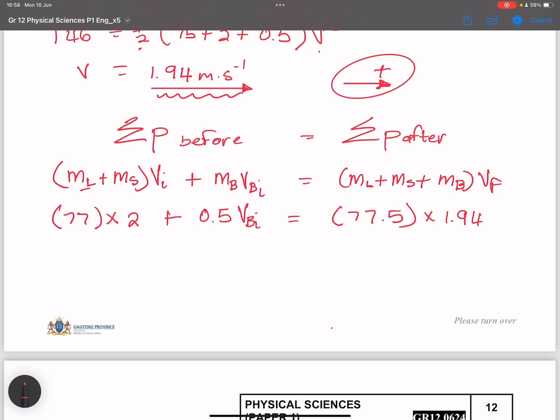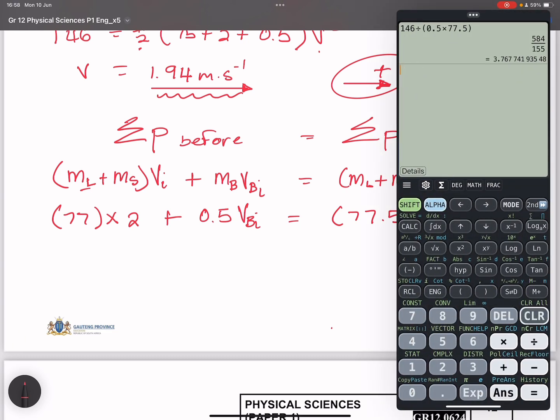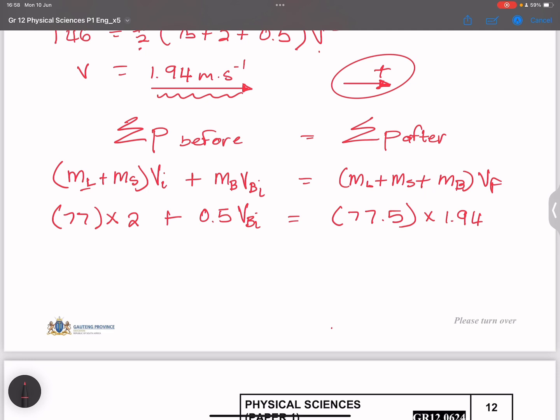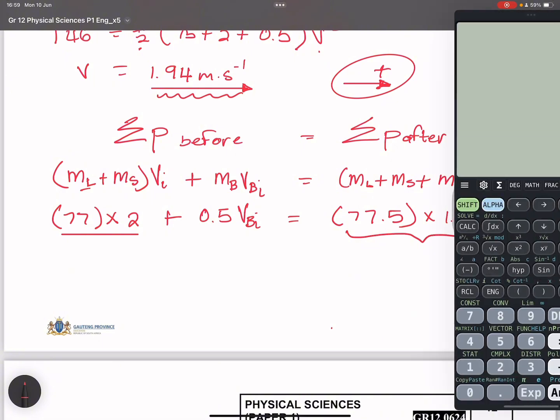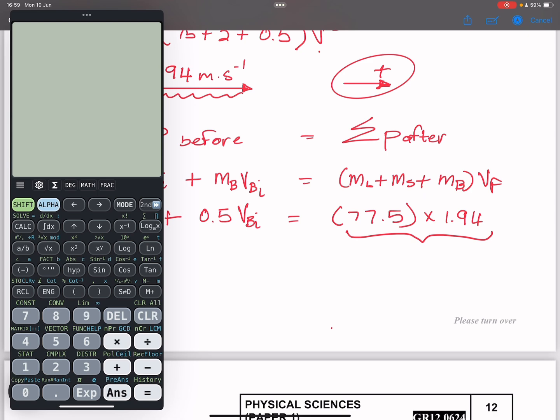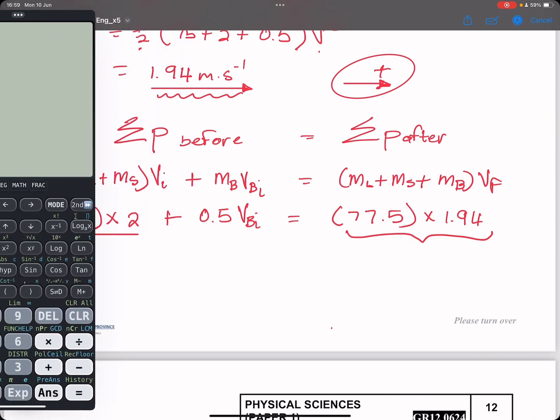Right, so now let's try and calculate, ladies and gents. So that would be 77 times 2. If I take that to the other side, or in fact, let me take the 77 times 2 to the other side.